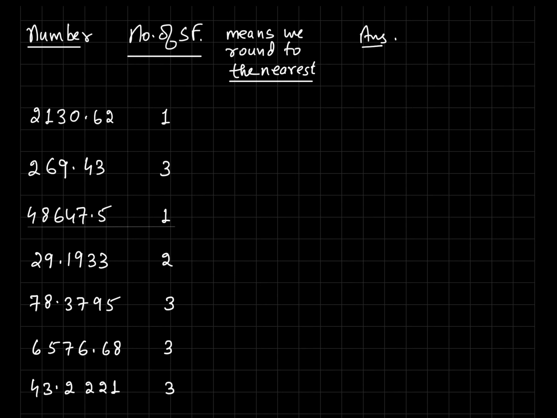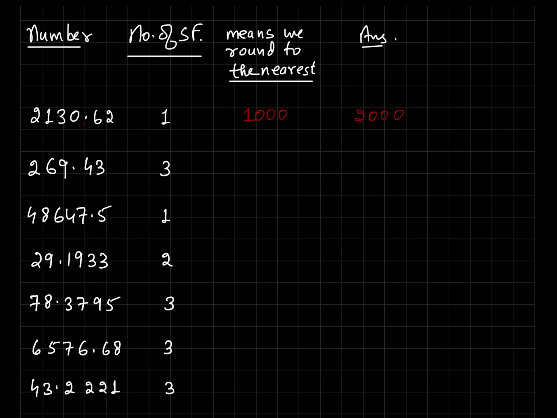It means I have to round this number to the nearest 1000. When I round it to 1000, my number becomes 2000, because after 2 we have just 130, which is less than 500. This is correct up to one significant figure, 2000.